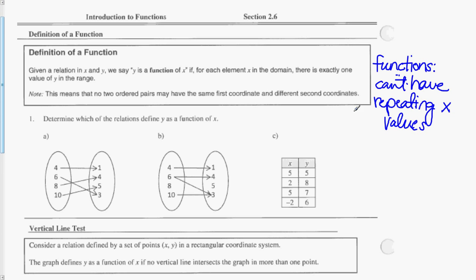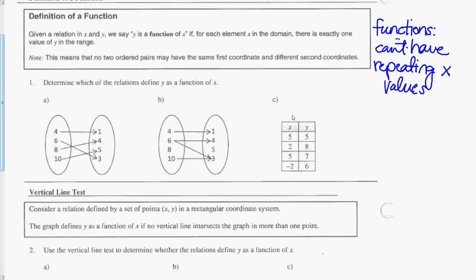Let's look at these pictures under number 1. On the first one, I've got 4, 6, 8, and 10 on the left side, and 1, 4, 5, and 3 on the right. If I were to make ordered pairs out of these, like we did with relations, I'd have 4, 1; 6, 3; 8, 4; and 10, 5.